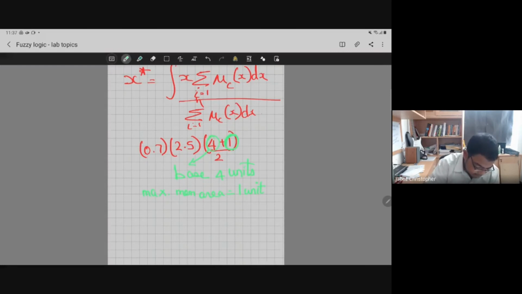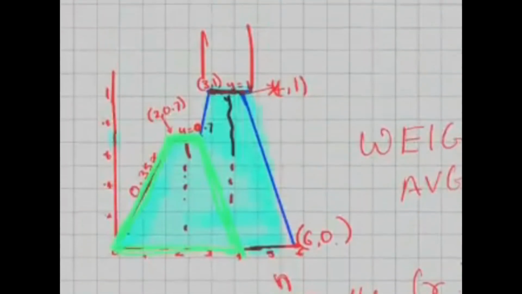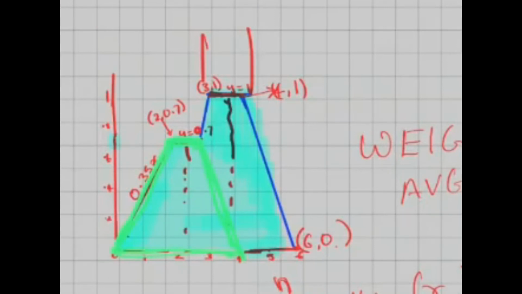Likewise for the next class, plus... Why is this 4 again? This function extends from 2 to 6, and the area is again between 3 to 4.